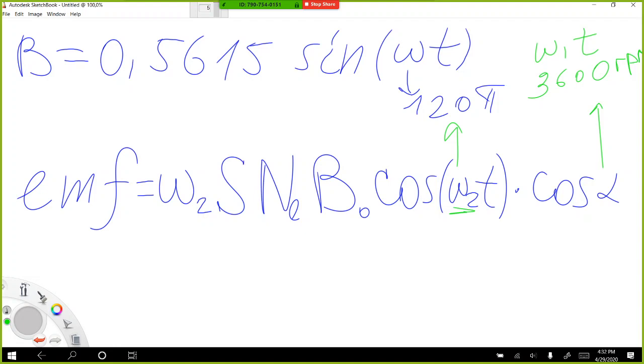So omega 1 will be pi n over 30, which is 120 pi. Well, we are quite lucky that omega 1 and omega 2 are equal, and equal to 120 pi.